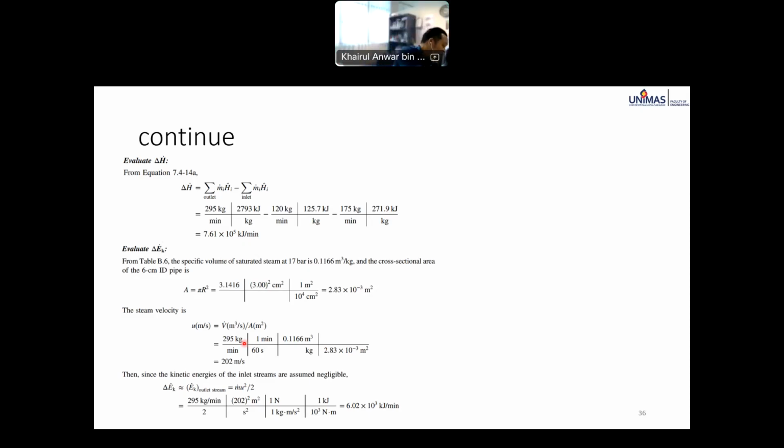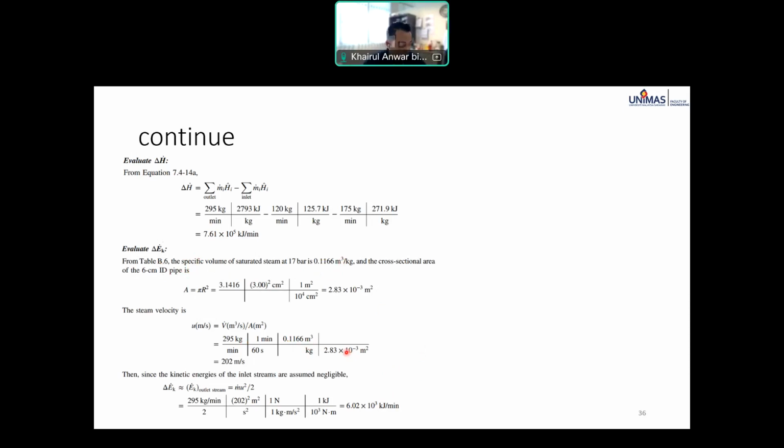Oh, no. So 0.116, I thought this is the density of steam, but it's the specific volume.